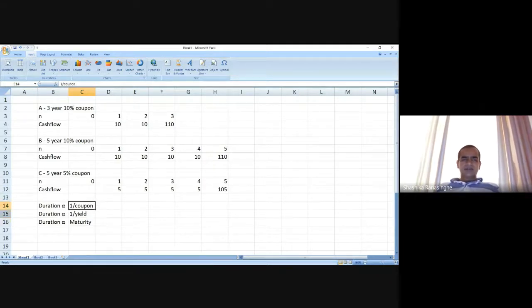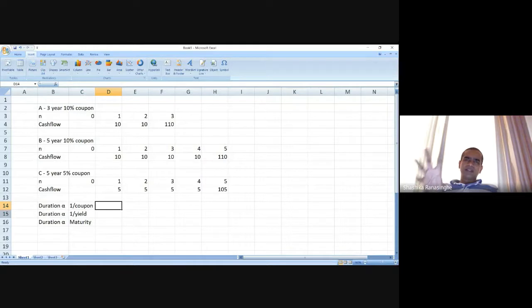When it comes to interest rates, it's always a negative relationship to duration. That means low interest rates result in longer duration. Either lower yield or lower coupon results in longer duration.